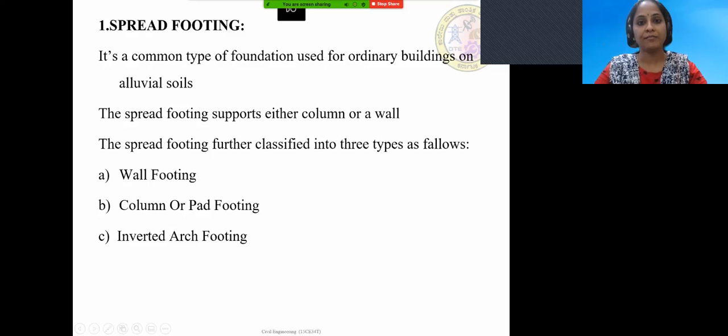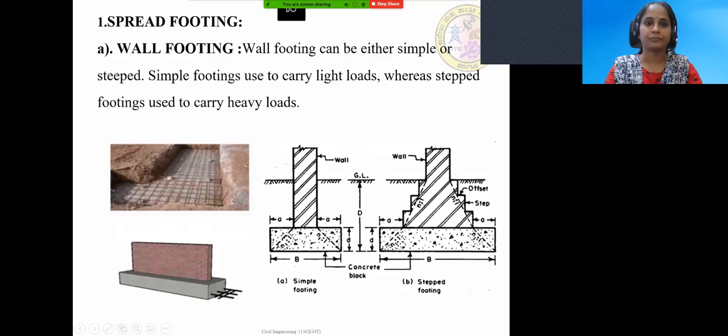The spread footing is further classified into three types based on its structure: first a wall footing, second a column or pad footing, third an inverted arch footing. We'll discuss these three types one by one, then move on to the next slide.